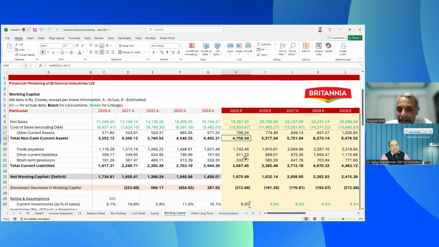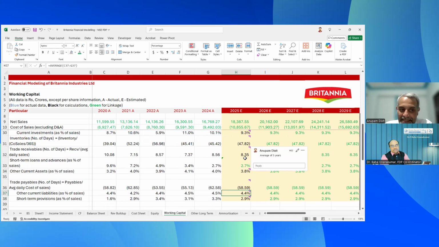Then the next important step in this sheet is calculating receivables as a number of days of sales, right? So instead of calculating receivables as a percentage of sales, we are using a number of days of sales. First year it is 10.